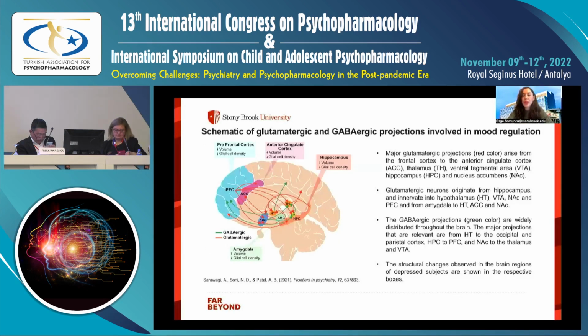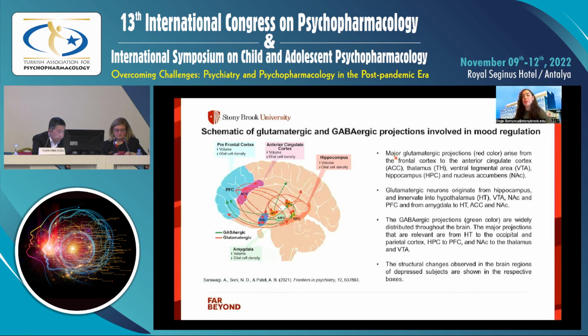I'd like to give brief information about GABAergic homeostasis and what the ARF families are. As you can see, the red indicates the glutamatergic projections, and the GABAergic projections are indicated in green.